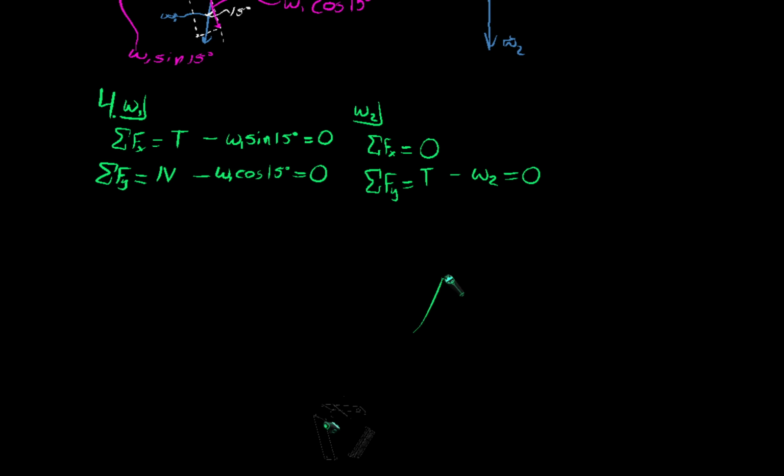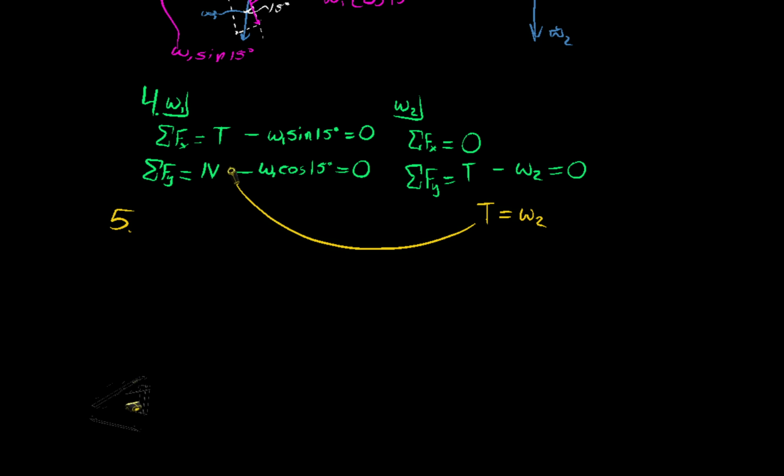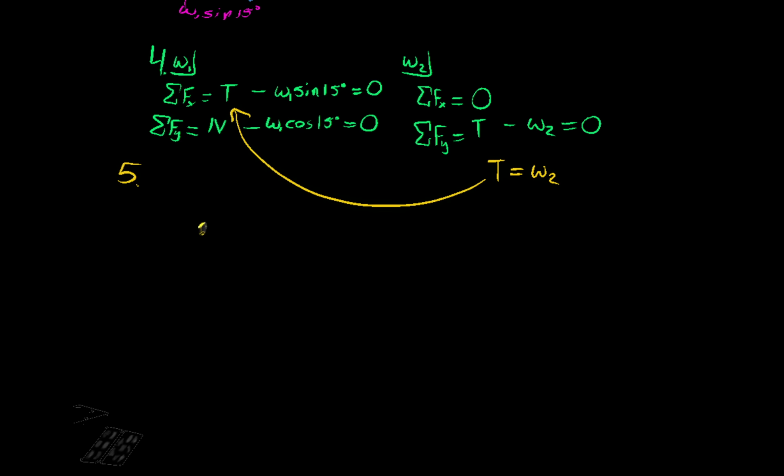So we want an expression relating W1 and W2. I think we can get that because here, and let's move over, and say we're on step 5 now, doing the easy part and solving. Because look at this one here. T is equal to W2. That gets us that relation. And so then we can go and plug in right there. So if T is equal to W2, then that sum of the forces in the x for W1 means W2 minus W1 sine 15 degrees is equal to 0.